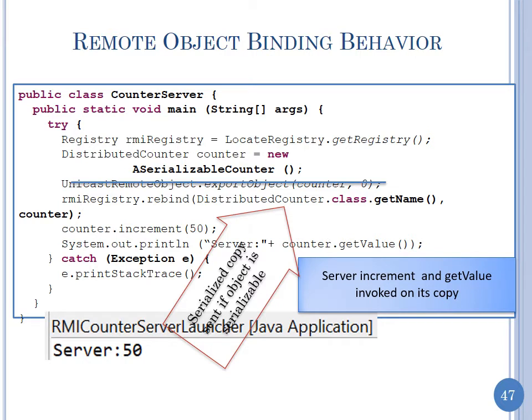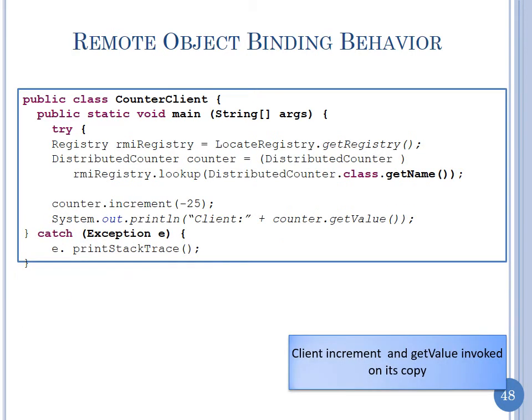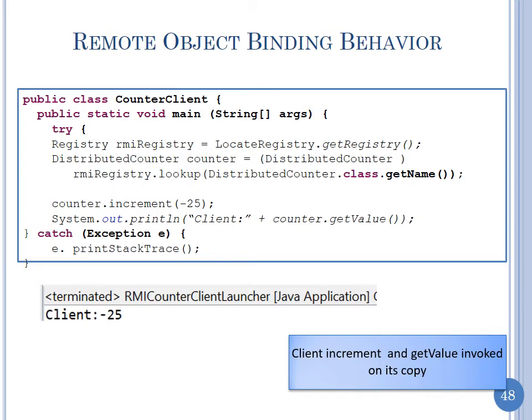The serializable copy is sent if the object is serializable, and the increment action will not be seen by the client. As Jason mentioned, what the client will get is a copy of the original registered object. At that point, the counter happened to be 0. So it'll print out minus 25. That 50 was not seen by the client because it was done on a different copy than the one the client has.